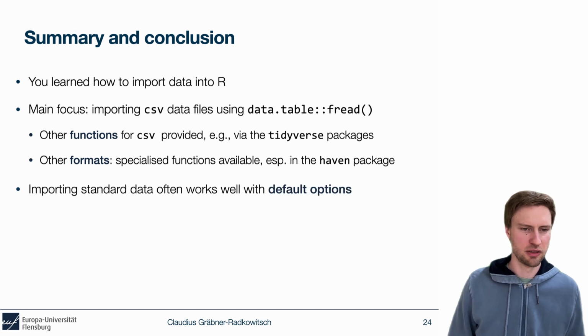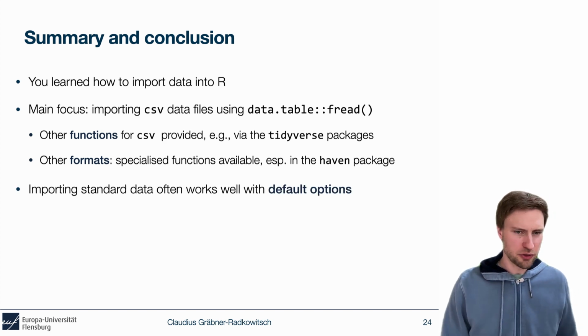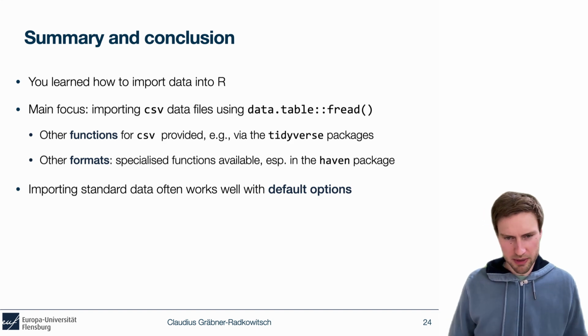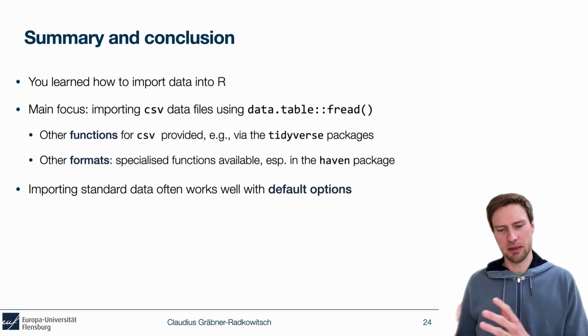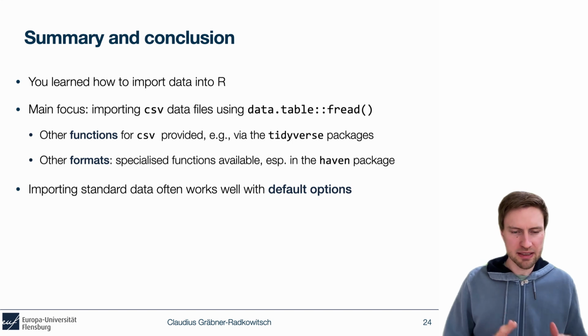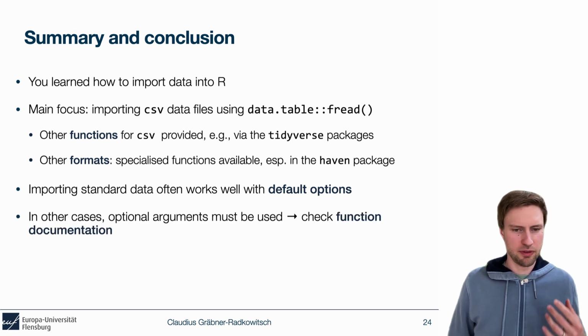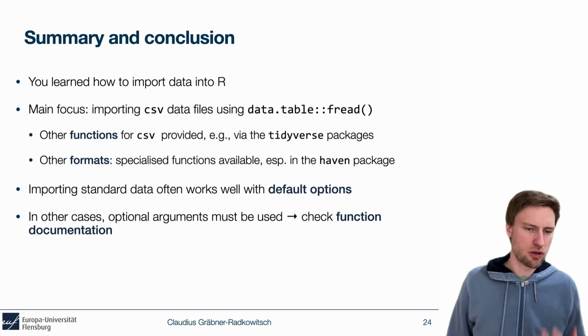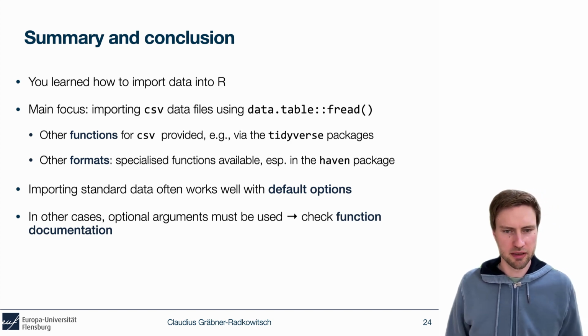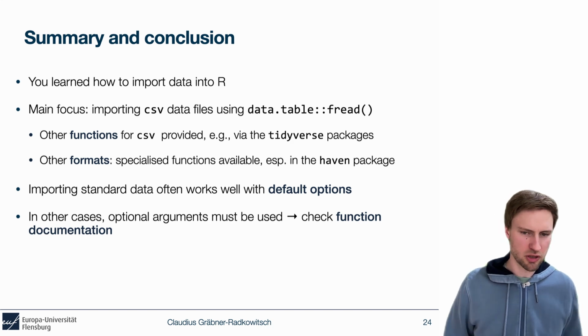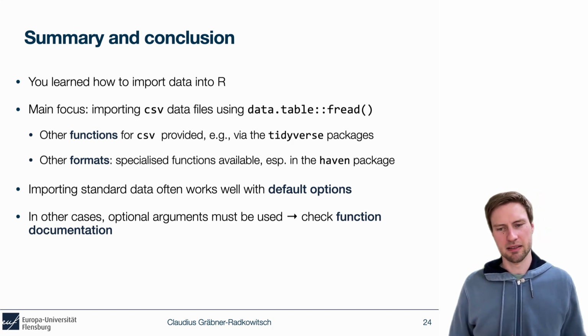Importing standard data often works quite well with the default options, but you should always carefully check the imported object, whether it aligns with the underlying raw data. If you want to be more transparent or the underlying raw data is a little trickier to work with, you need to use optional arguments, and usually the help function of fread is pretty good.